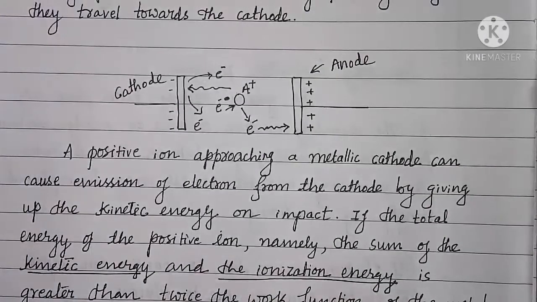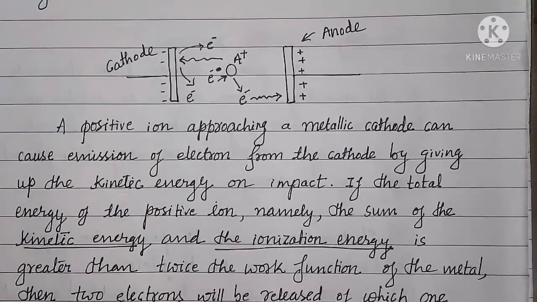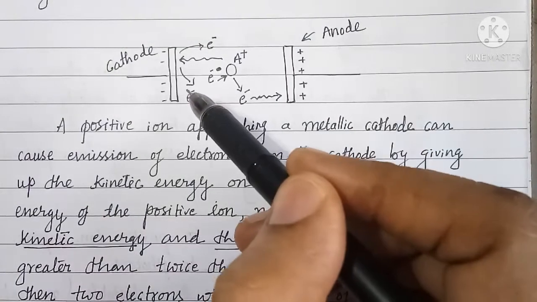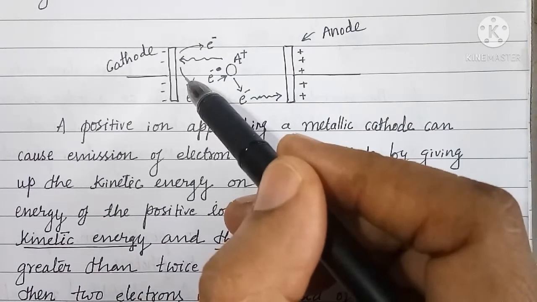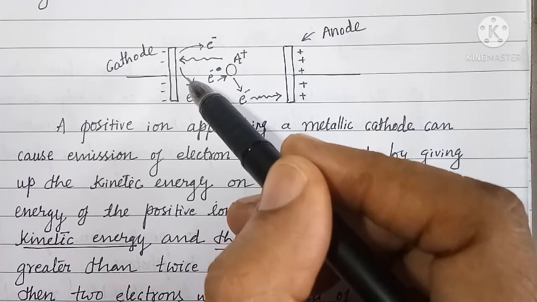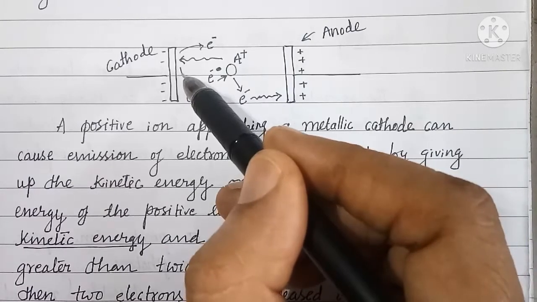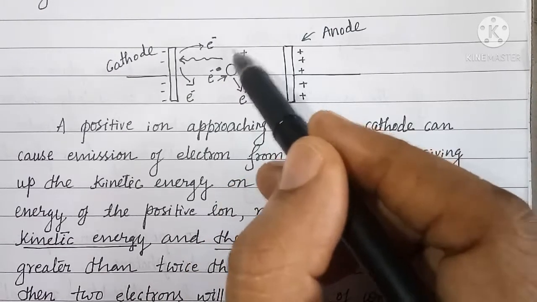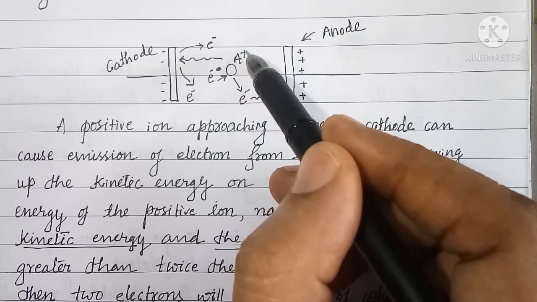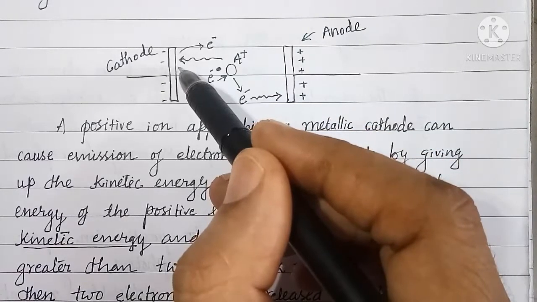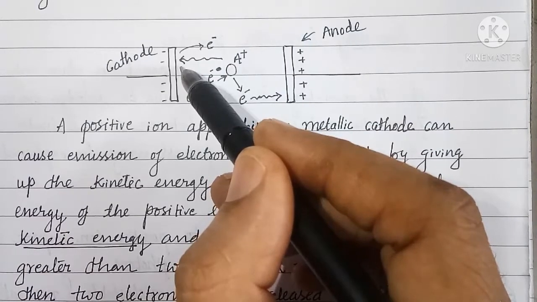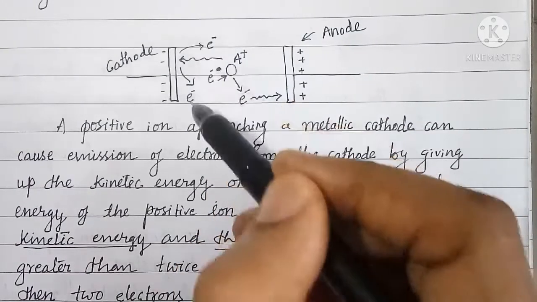But you should know what is work function. To understand, work function is nothing but the minimum amount of energy required to dislodge an electron from the surface of metal. If the energy given by this positive ion to the metal on impact is twice the work function, then 2 electrons will be released.